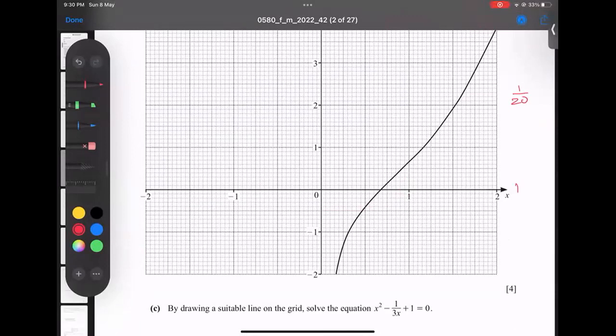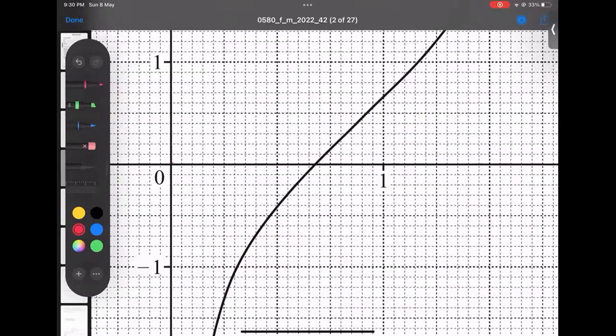So 1 box equals 0.05. So the small box is 0.05. Multiply by 2, so 2 boxes give you 0.1. This number is 0.05, but these 2 boxes, this number will become 0.1, 0.2, 0.3, 0.4, 0.5, and this is 0.55.